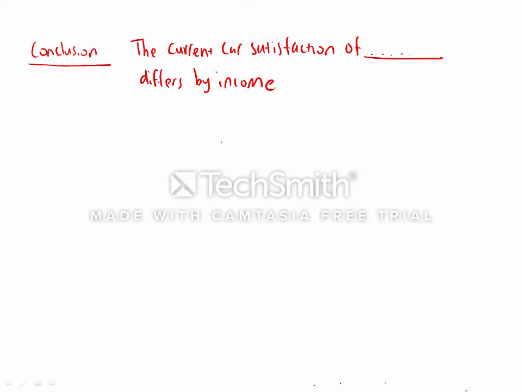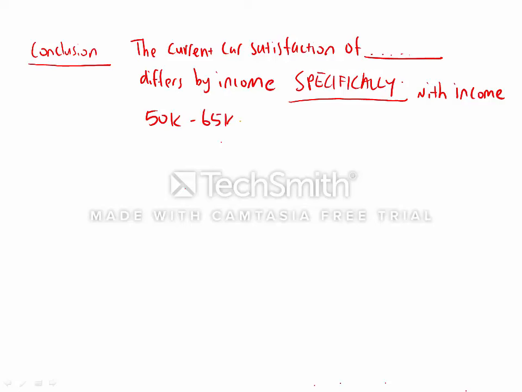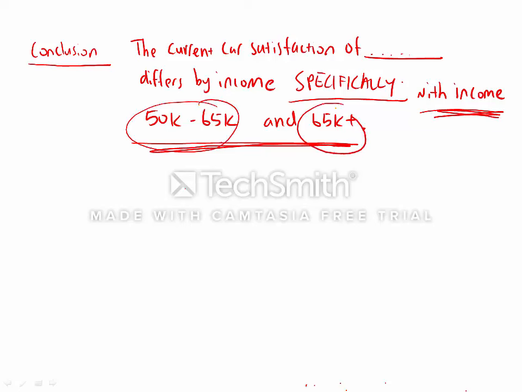Then after that, you can say specifically, with income 50K to 65K and 65K plus. This is the group. So you say that there is a difference, particularly the income of this group and this group.